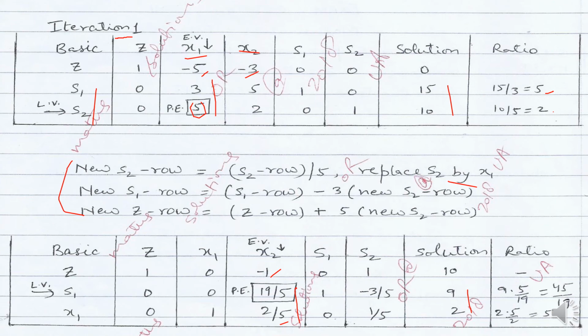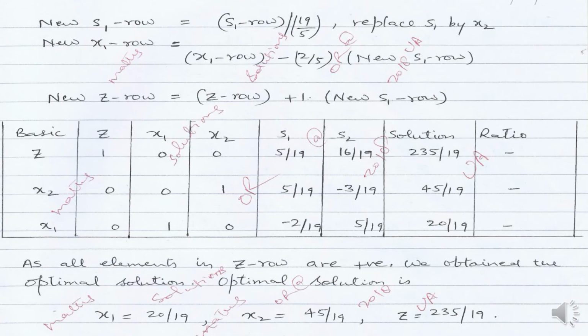So this is the minimum one, and we got s1 as leaving variable, and 19 upon 5 is our pivot element. So we divide s1 row by 19 upon 5, and with this new s1 row x2 will enter, s1 will leave. So in next table we will write here x2, and with this new row we will be changing our z row and x1 row by the following formulas.